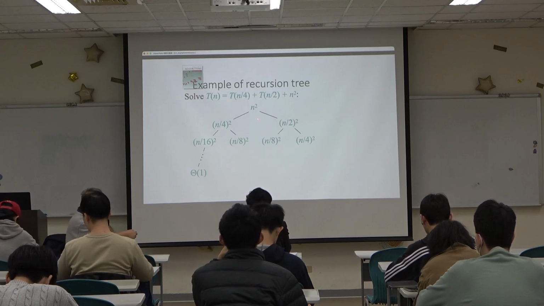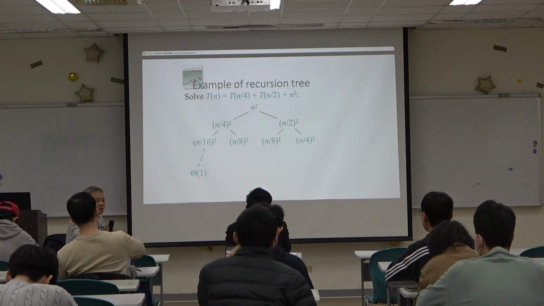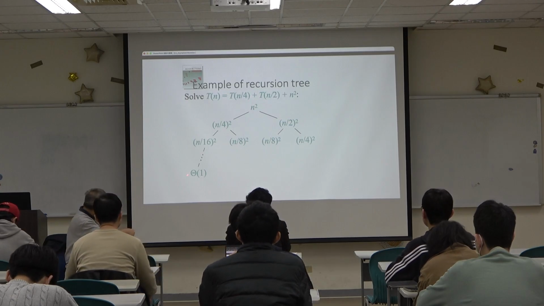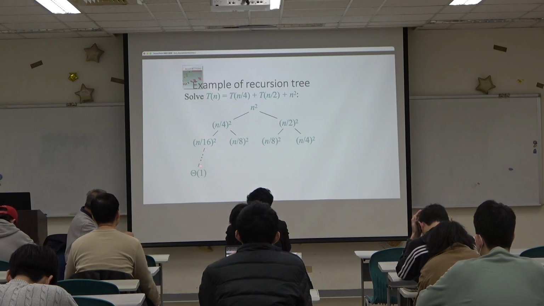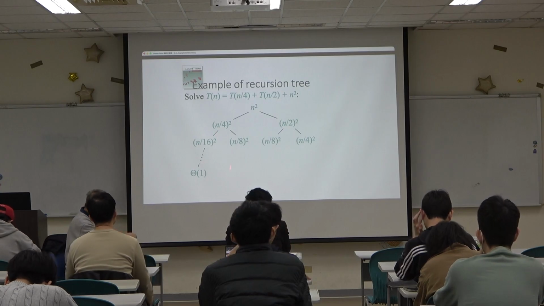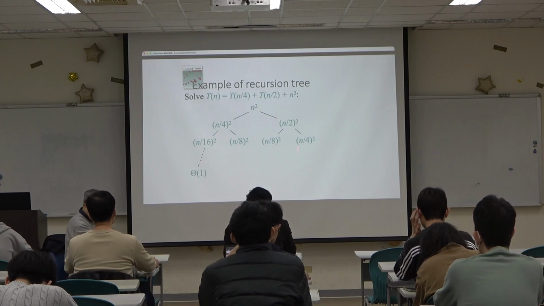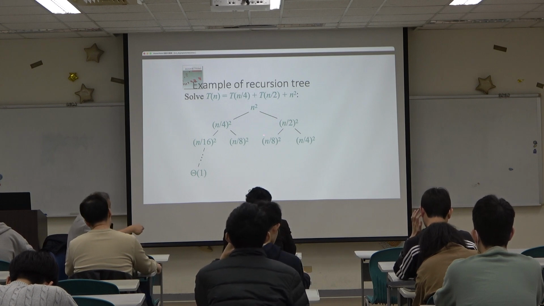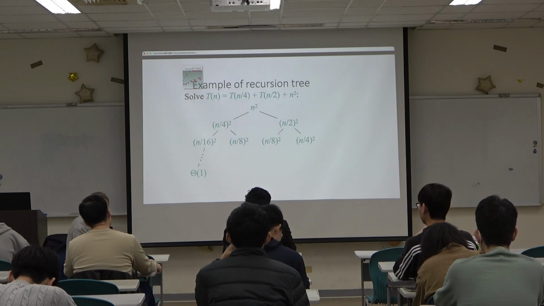So for a fixed n, the leftmost branch will reach 1 the fastest, right? All the other branches will be deeper. Okay, the deepest one is the rightmost branch, obviously, right?